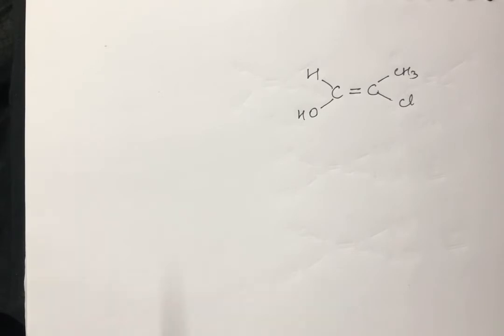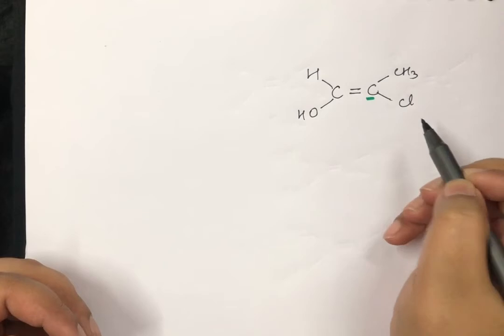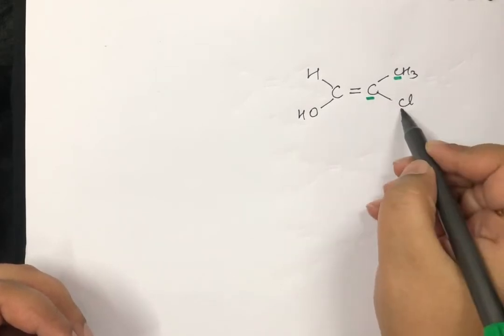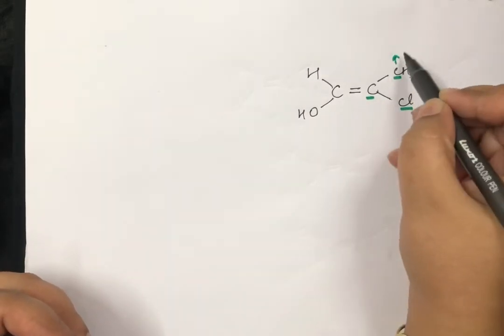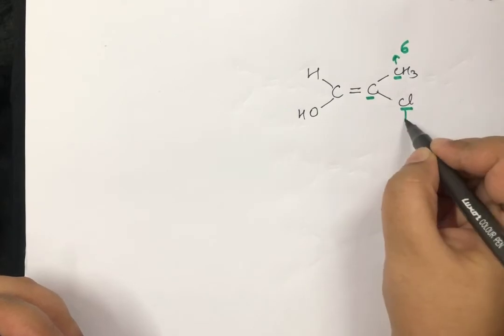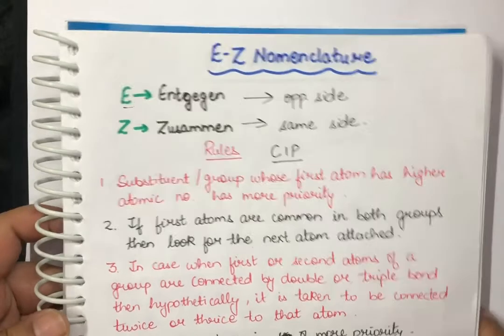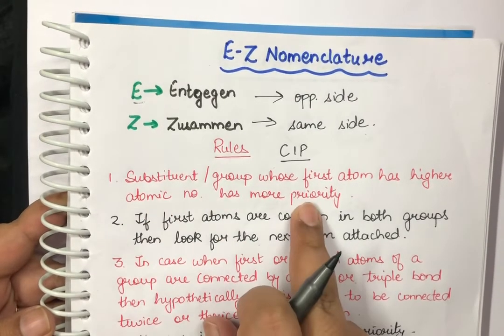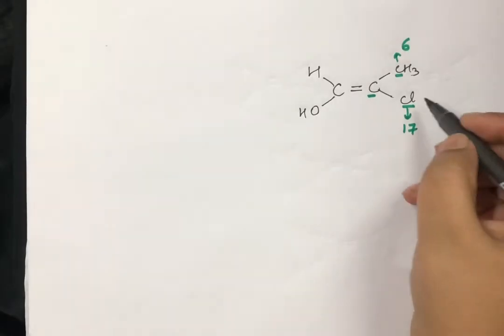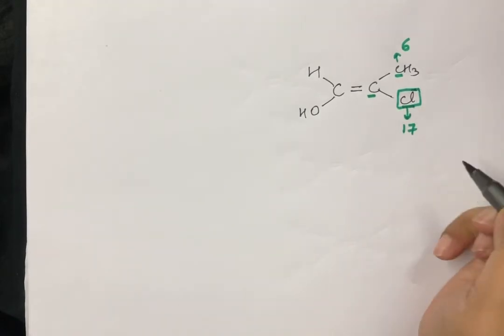If I am talking about this particular carbon, it is attached to a carbon and to chlorine. Carbon is atomic number 6 and chlorine is atomic number 17. As my rule says, the one which has higher atomic number will have more priority. So my higher priority is chlorine.